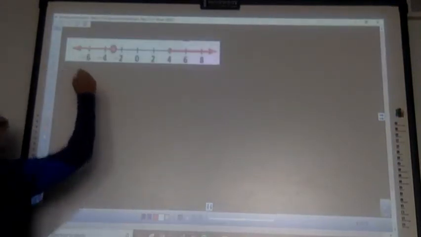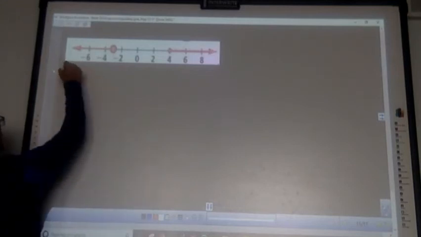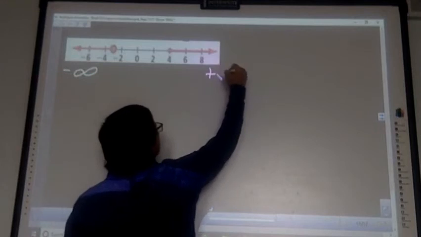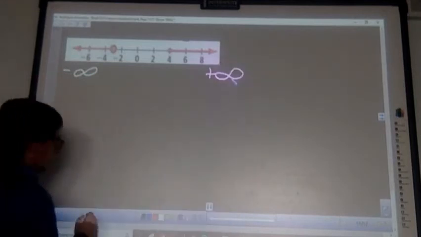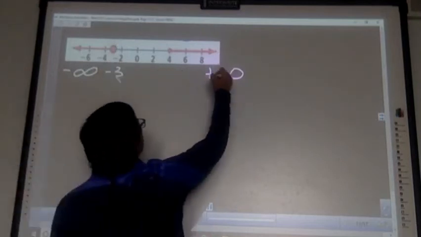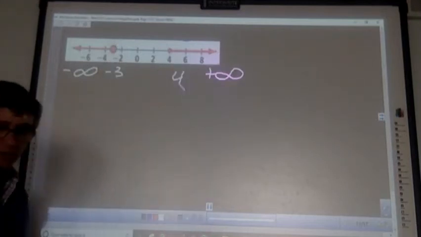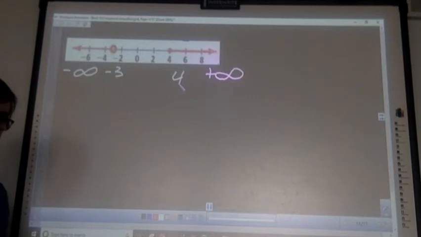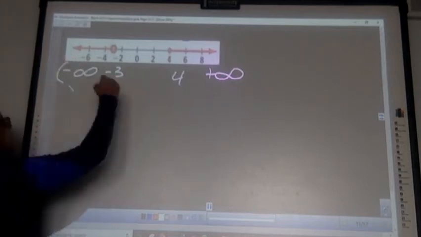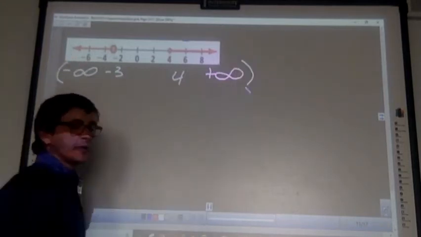So over here, we have negative infinity. Over here, we have positive infinity. This one goes to -3. This one goes to 4. So I'm already building my interval notation just by doing it like that. I know that infinity is always a parenthesis.